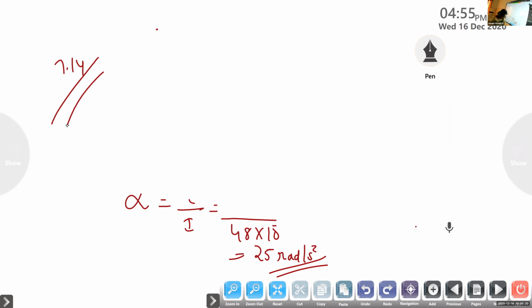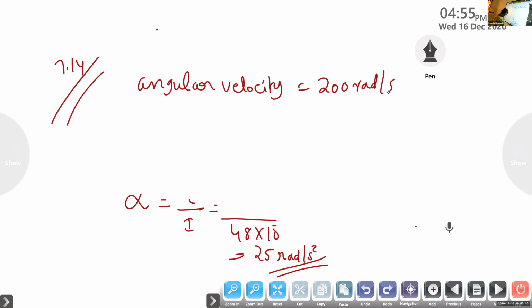To maintain a rotor at a uniform angular speed of 200 radian per second. So what is given to you? Angular velocity is given, 200. It's a direct question. We can finish within 2 minutes. And an engine needs to transmit a torque of 180.